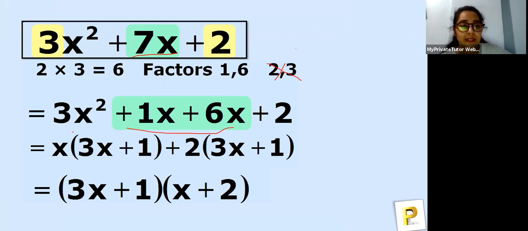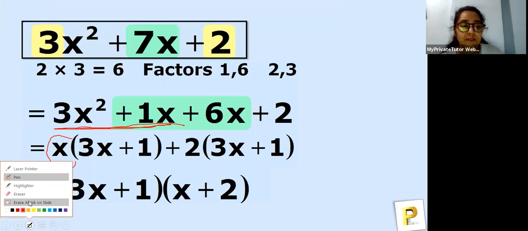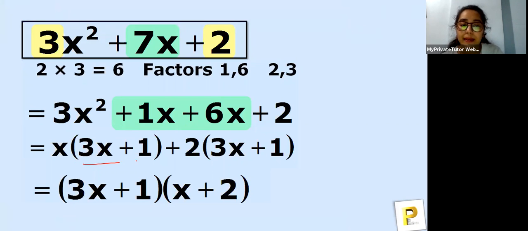Okay, then let's take a common. So if you take 3x square plus 1x, okay, what is common in both of these? Nothing, like only x is common. So let's put x outside, and we'll write the rest of the things in the bracket.